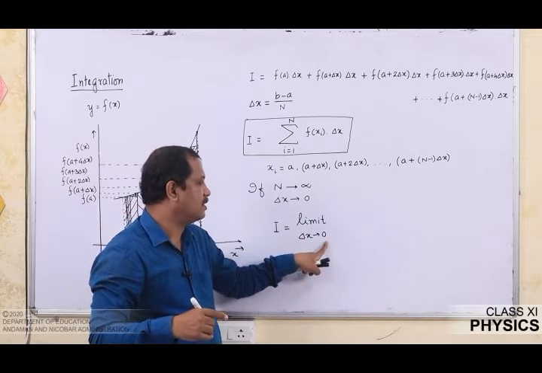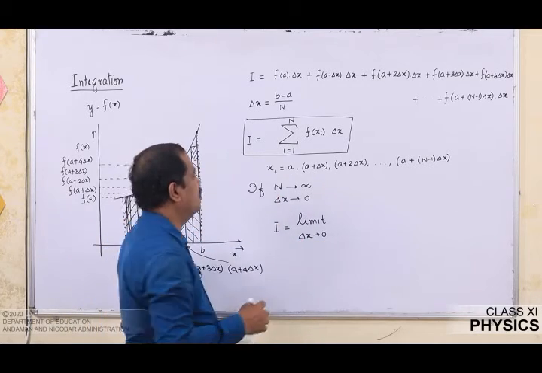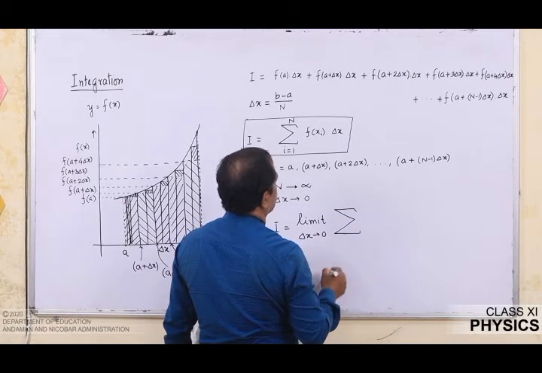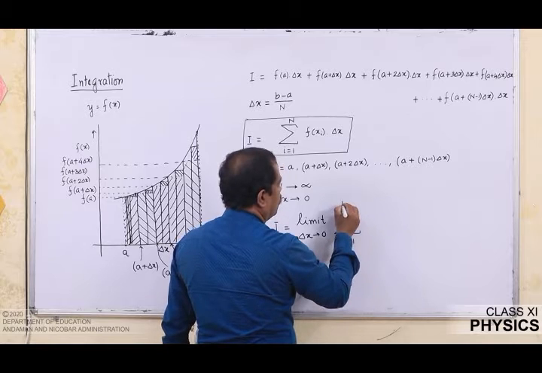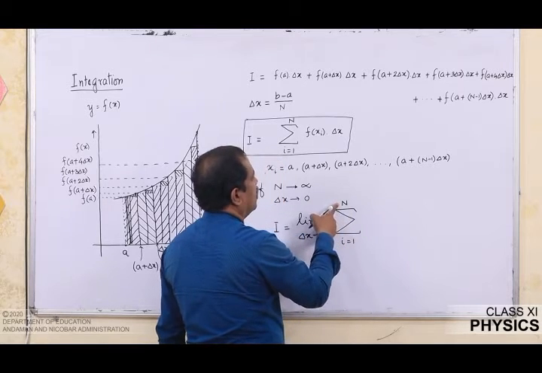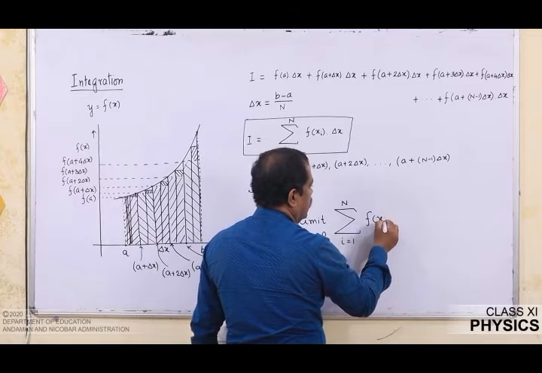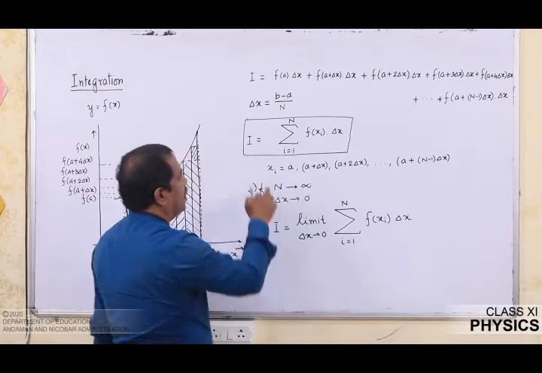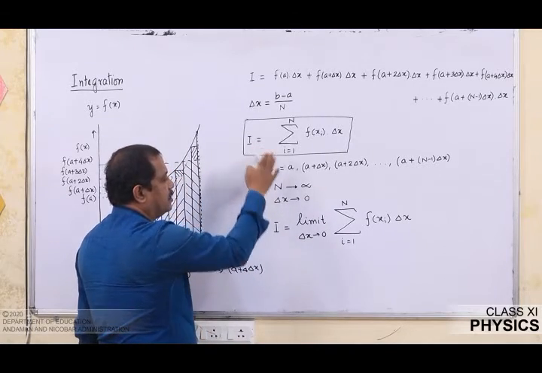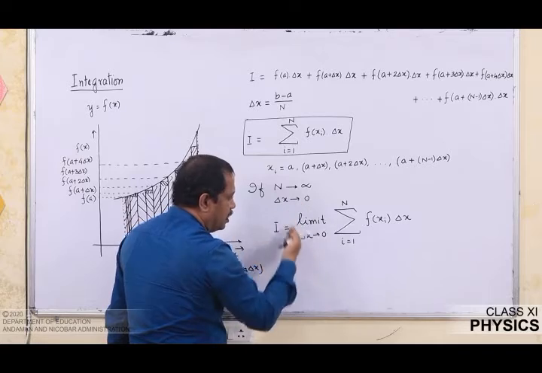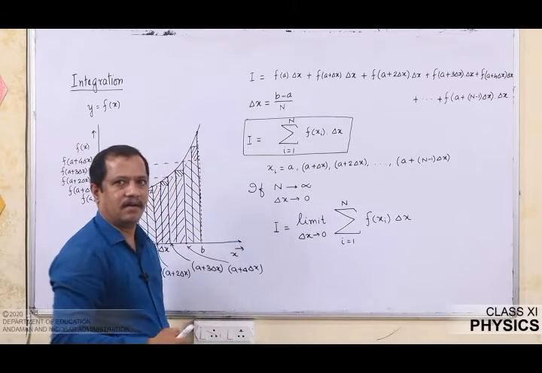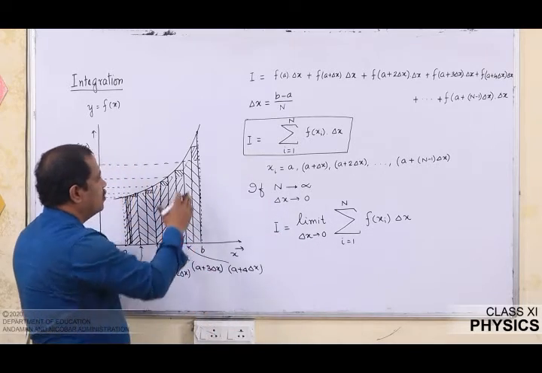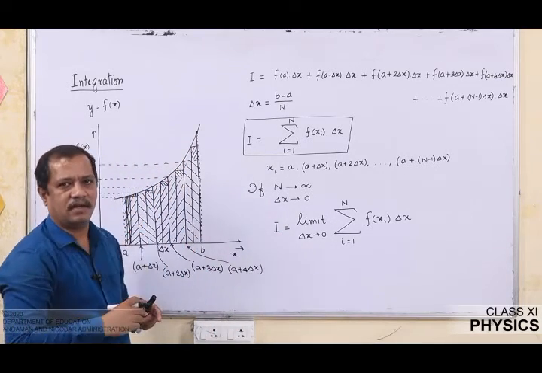So, it is known delta x tends to 0, it means n is increasing, and I can rewrite this as summation of i is equal to 1 to n. So, the value of n is very large. I have f of xi delta x. So, this time I have changed the symbol. With the change in the symbol or with an additional inclusion of a factor, it gives a totally different idea of the area calculation under this curve.